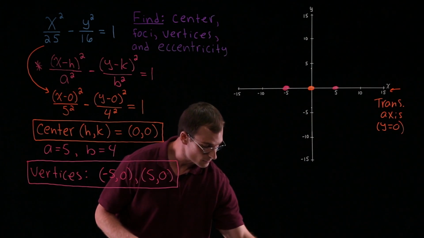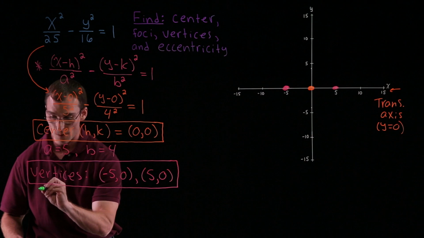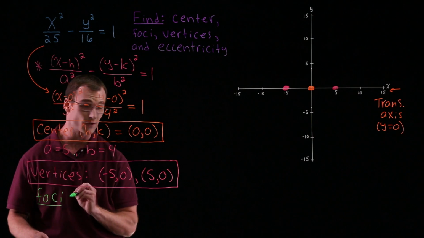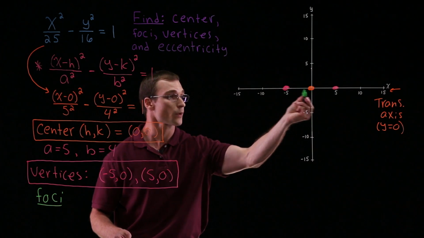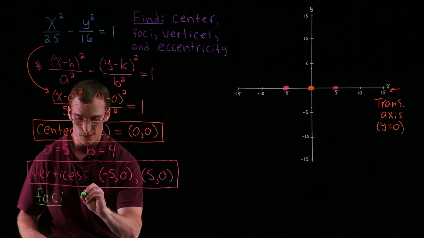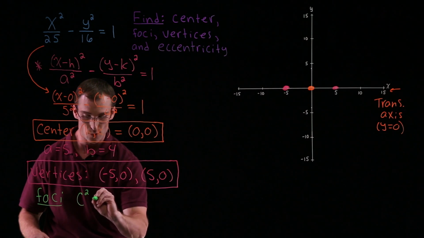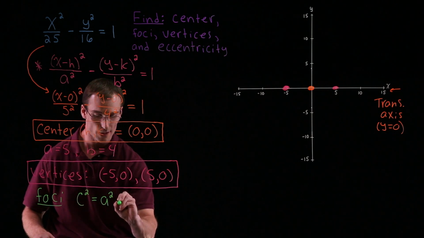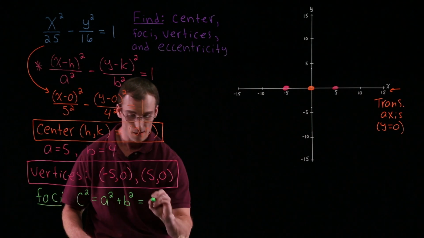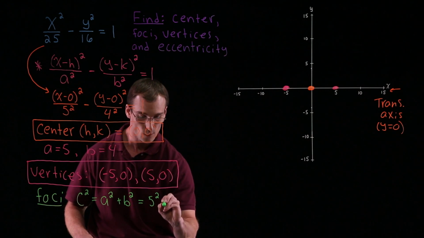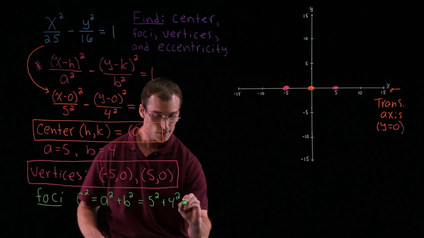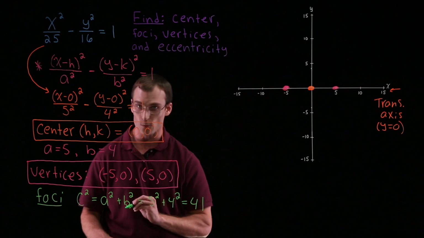Okay, next let's go back and find the foci. That's similar to finding the vertices. From our center, we go out a distance of c, where c is a constant with the relationship c squared equals a squared plus b squared. We know what a and b are: that's 5 squared plus 4 squared, so 25 plus 16, so c squared is equal to 41.